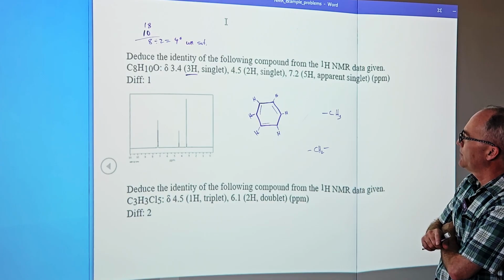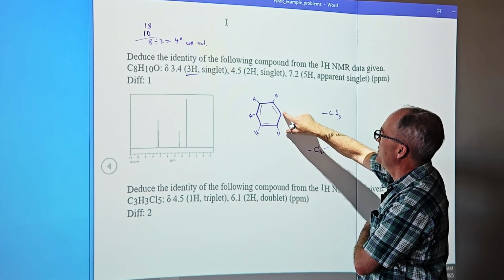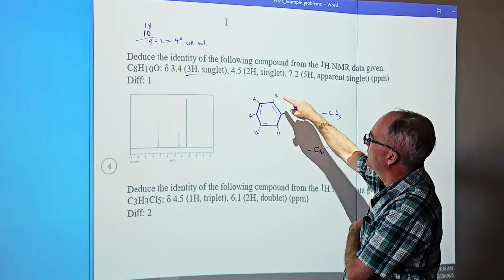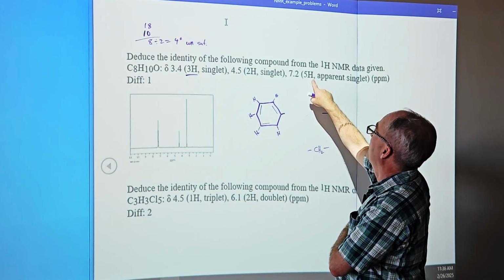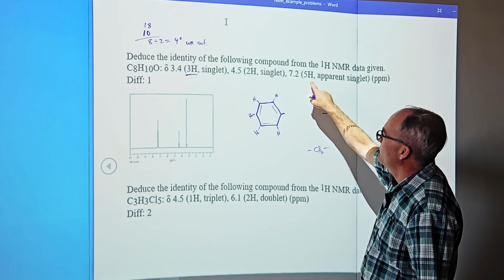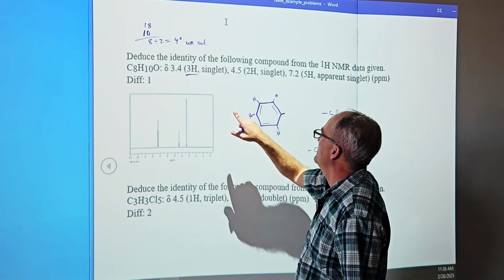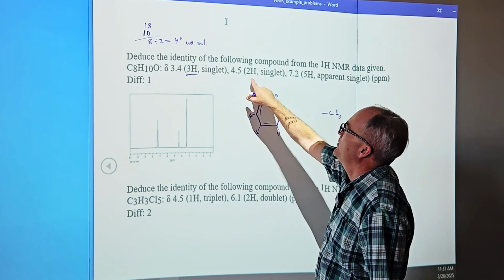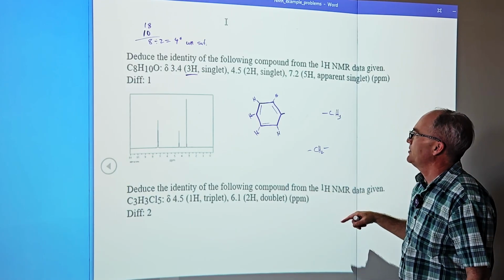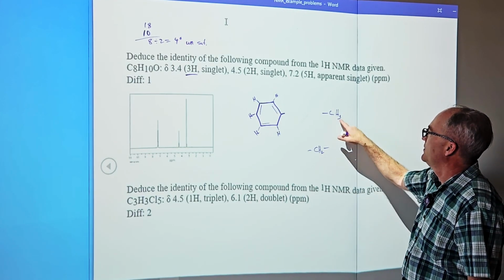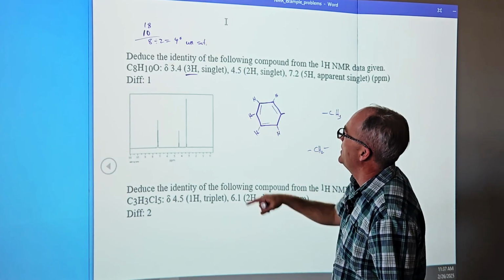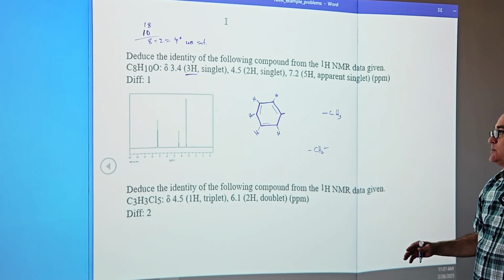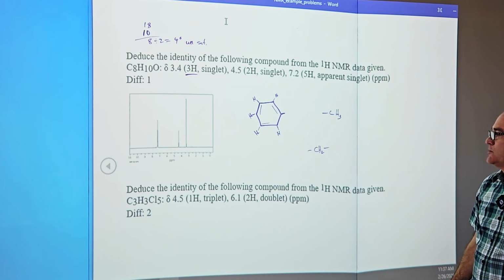All right, let's see where we're at. I'm going to erase a hydrogen. Now I have 1, 2, 3, 4, 5. We're getting somewhere. Here's 3 with a singlet. Here's 2. Let me sum up all my hydrogens. Here's 2, 5, 6, 7, 8, 9, 10. Now I just need to put in an oxygen.